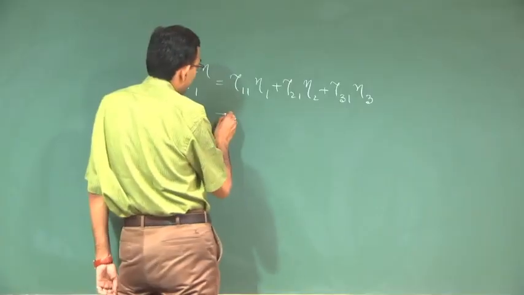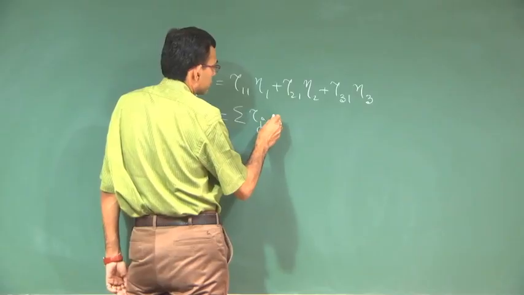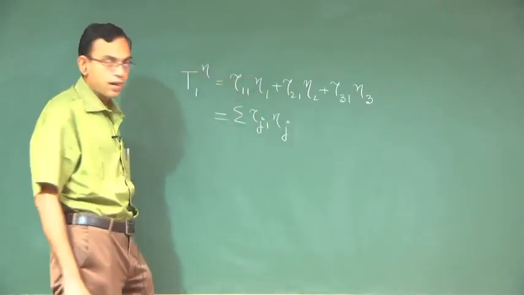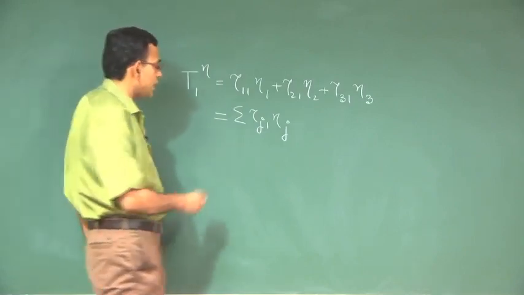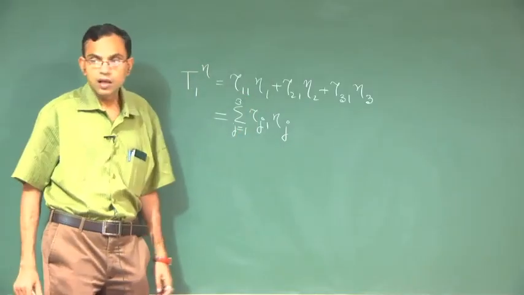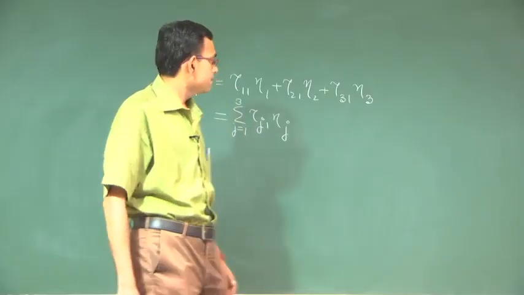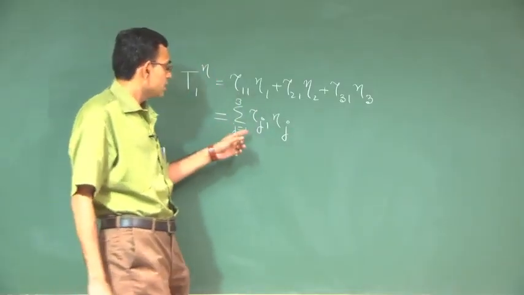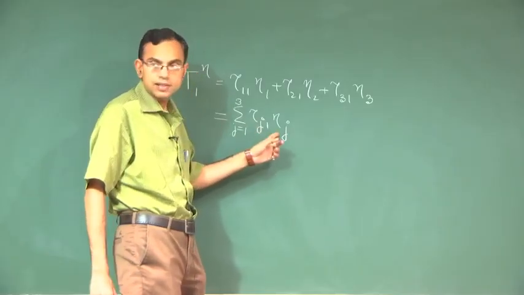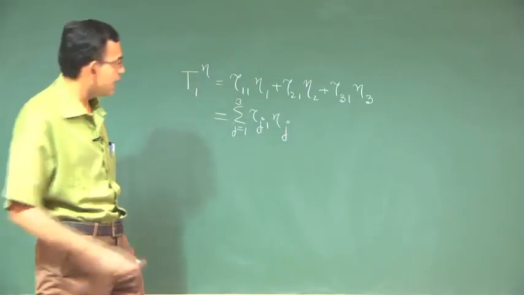So, this you can now write as a summation over j equal to 1 to 3. Einstein introduced a notation where, in a scenario where there are such repeated indices, the summation sign is dropped just for convenience in writing.